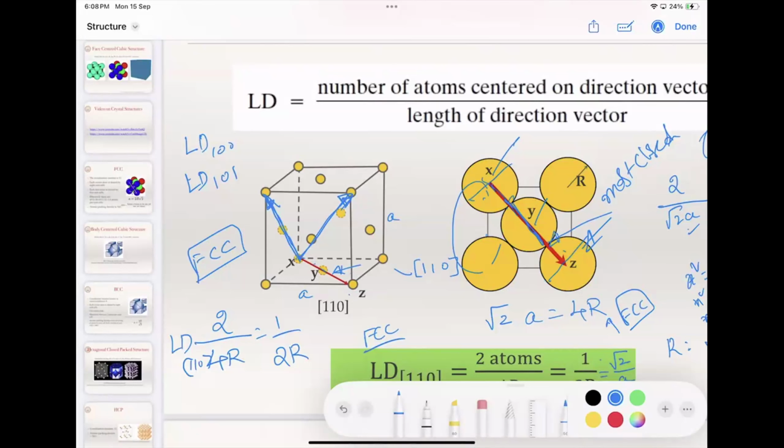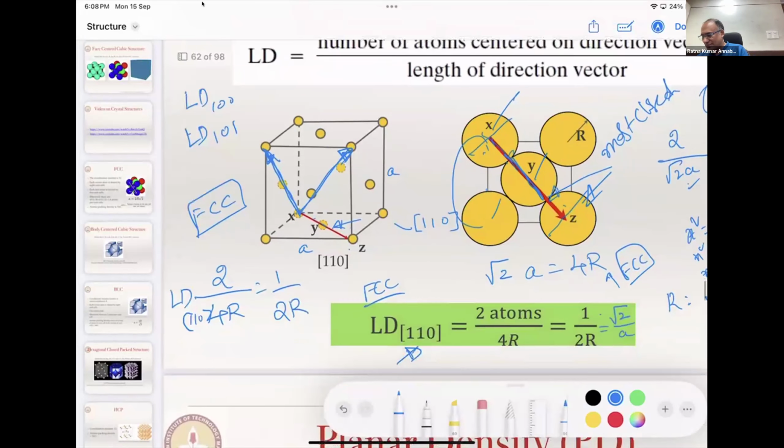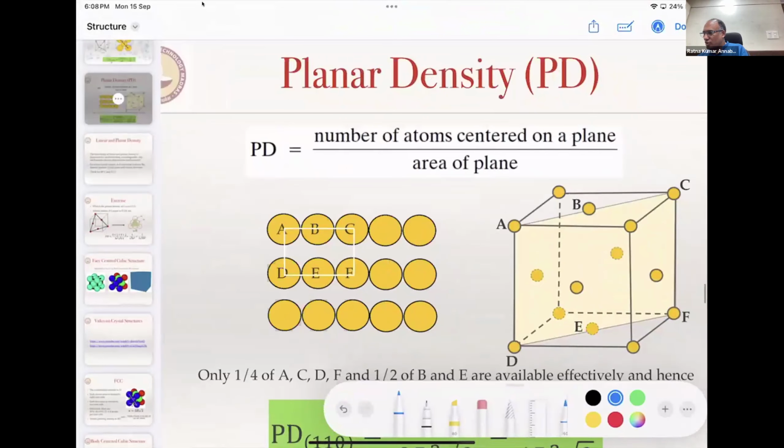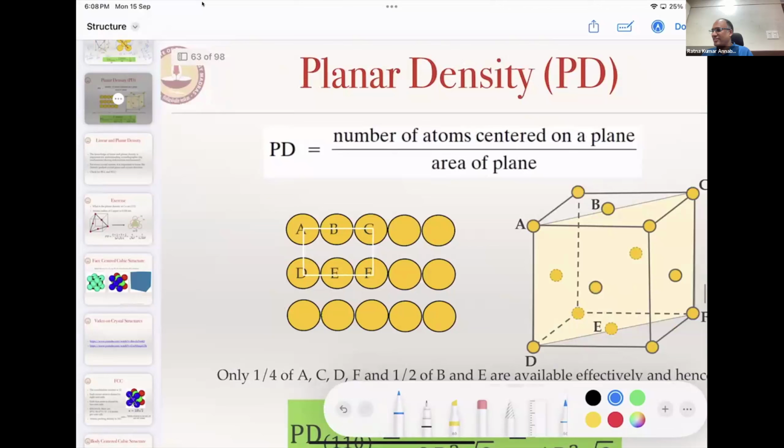So that is so much for the directional dependent properties. Now we have defined crystallographic planes, so let us look at another quantity called planar density.